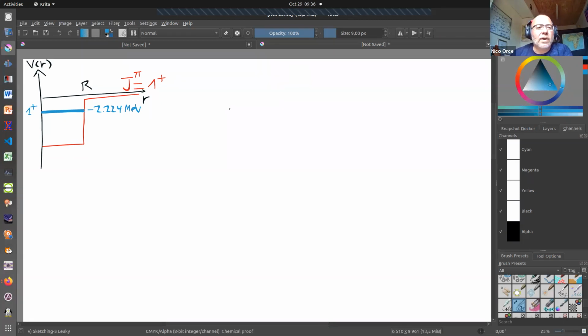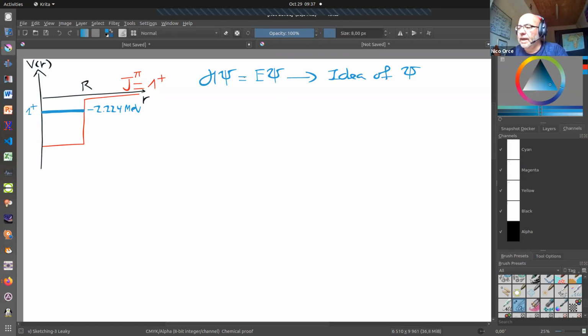So now we are going to have a problem. We're going to solve this potential as we have done in quantum mechanics. So we are going to solve the Schrodinger equation in this case, and we are going to study this idea of wave function, right?